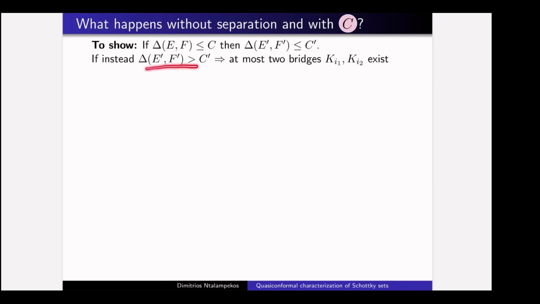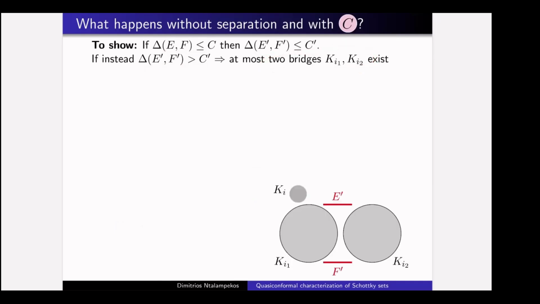So the relative distance of the images is large, and there exist, as I said, at most two bridges, which means there exist at most two large disks that are close to both E prime and F prime. Of course, here one has to define formally what it means to have bridges, and this is not easy actually, but for the sake of the presentation, we mean large disks that are close to both sets.